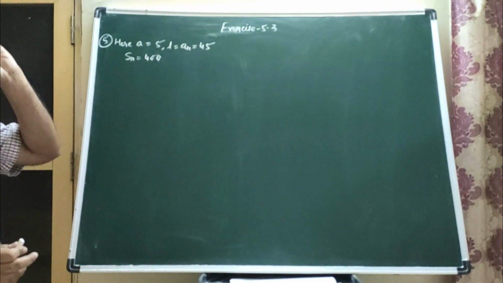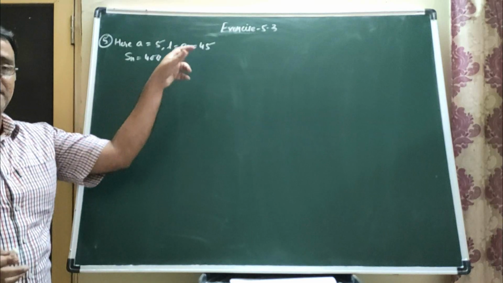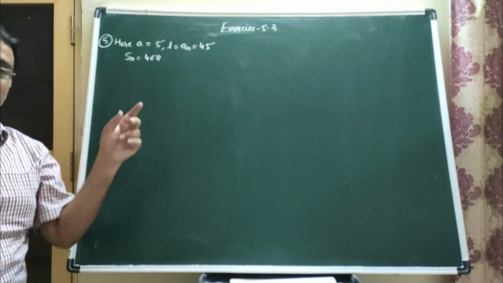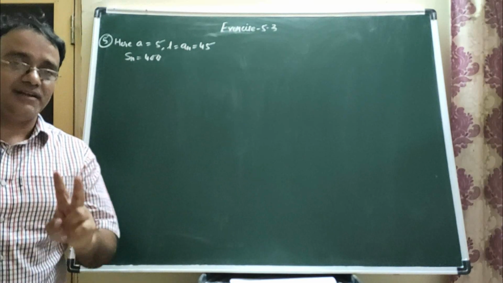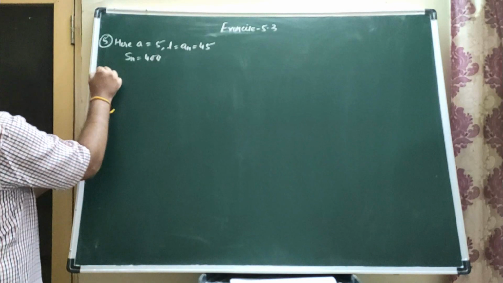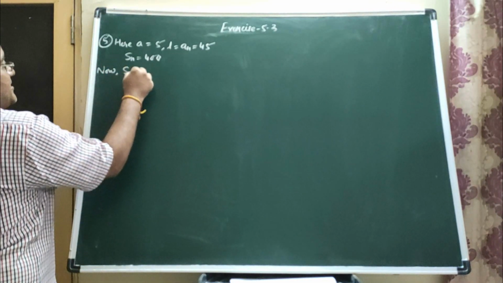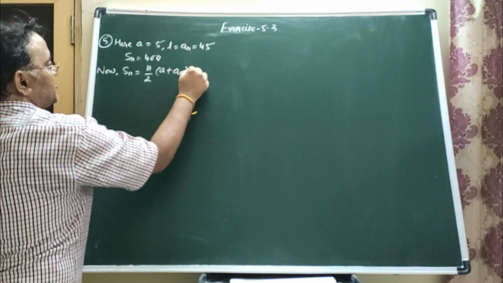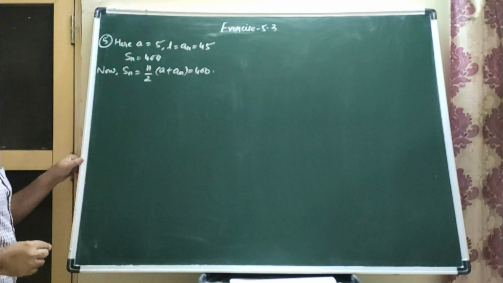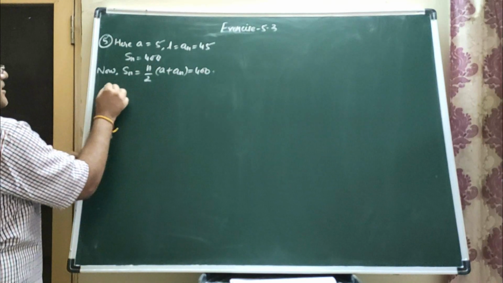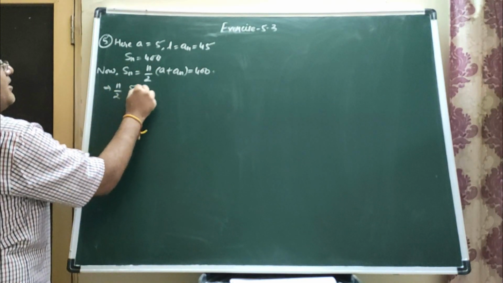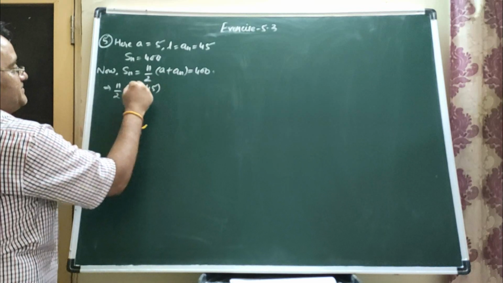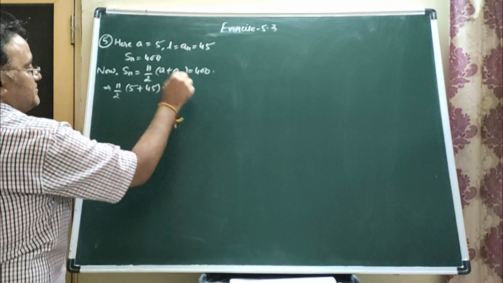See, the first term and the last term are given and the sum of n terms is given. So which formula are we going to use? The second one. Okay. So now Sn is equals to n upon 2 into a plus an, and this is equals to 400. So now we are going to substitute a and an.